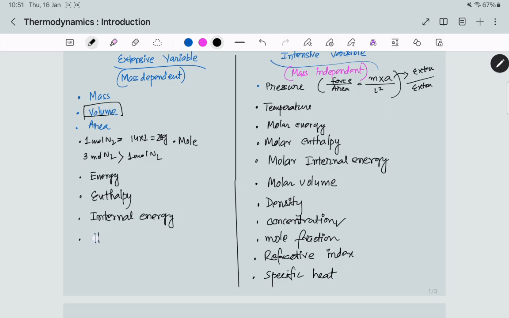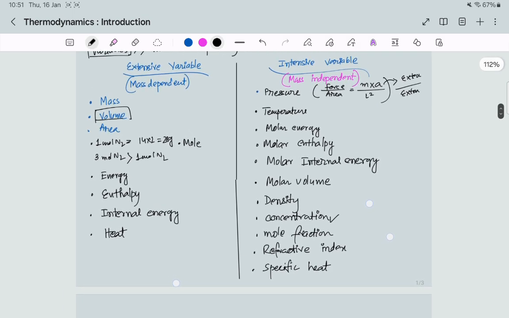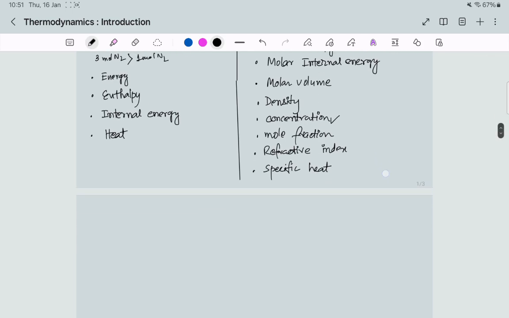Okay, heat is extensive, but in the unit of specific heat you could find the unit of mass also. That means we are specifying the amount, so again it is intensive. So the main keyword is, if you are specifying the amount, then it will be intensive, otherwise it will be an extensive property. Clear? Clear everyone?